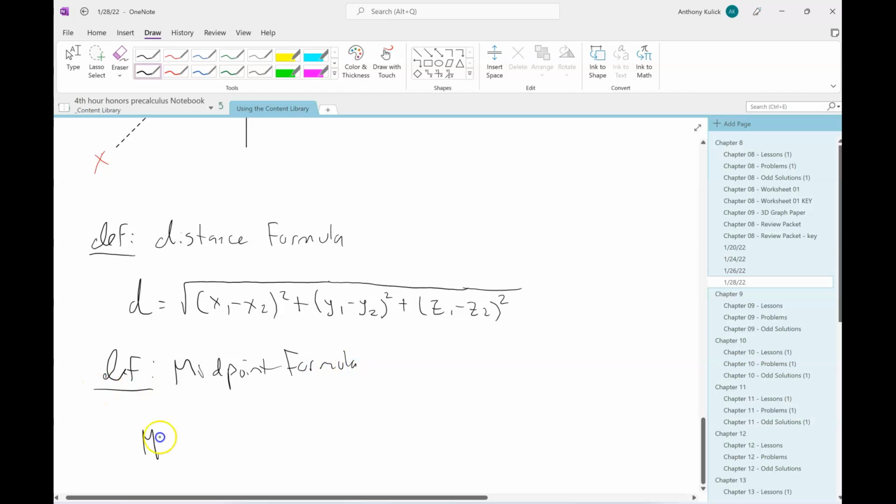Similarly, the midpoint formula in 2 dimensions was x1 plus x2 divided by 2, y1 plus y2 divided by 2. And then if we have 3 dimensions, we're just going to have a third component, z1 plus z2 divided by 2.